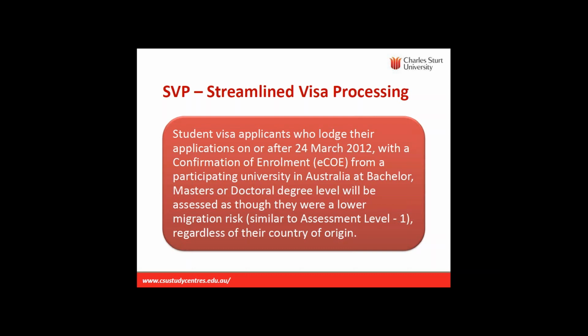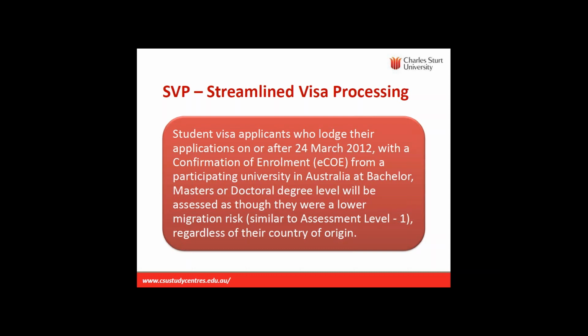So with this confirmation of enrollment from a participating university in Australia at bachelor or master's level, we don't offer doctoral programs, but mostly bachelor and master's level, students will be assessed as though they were a lower migration risk, similar to assessment level 1.